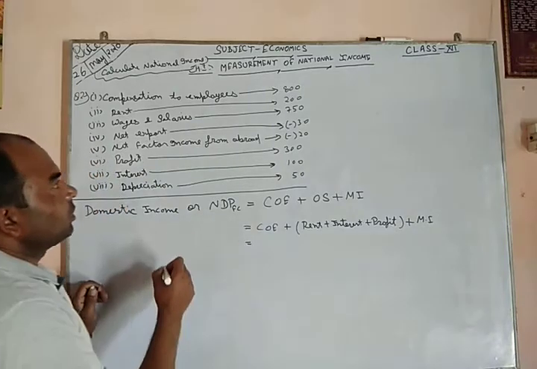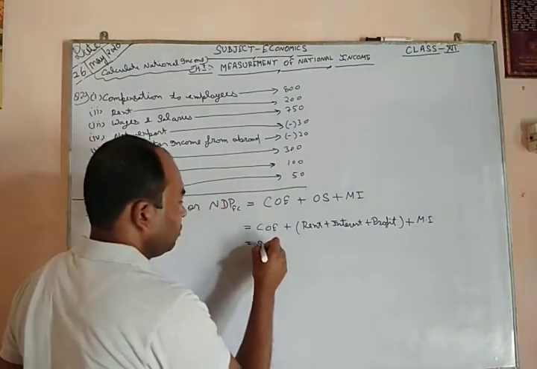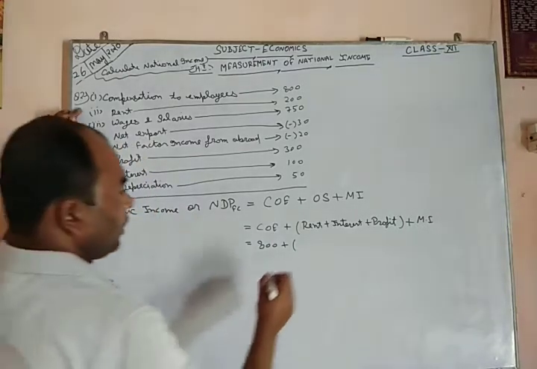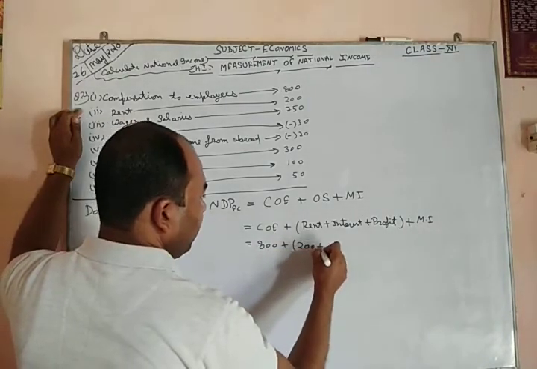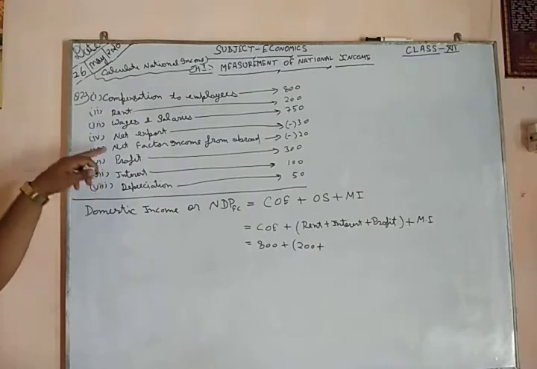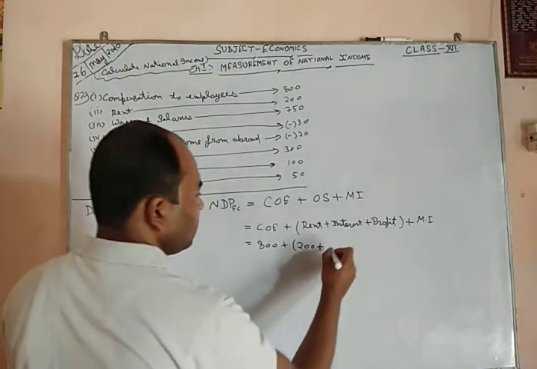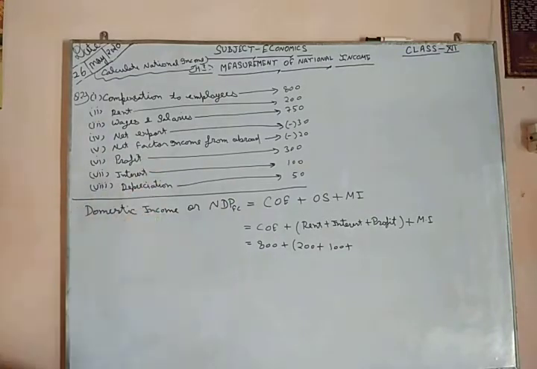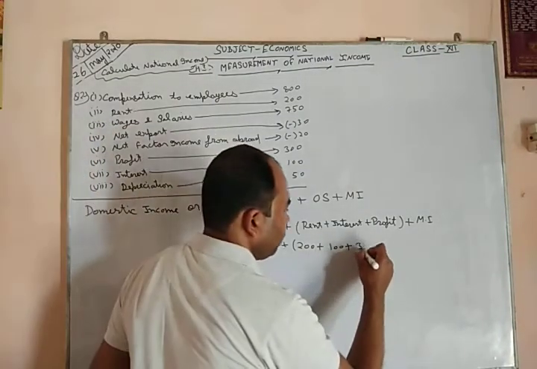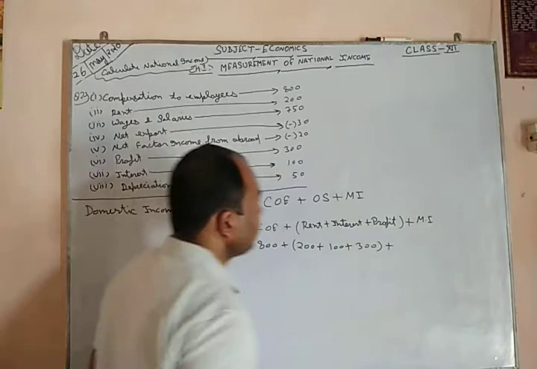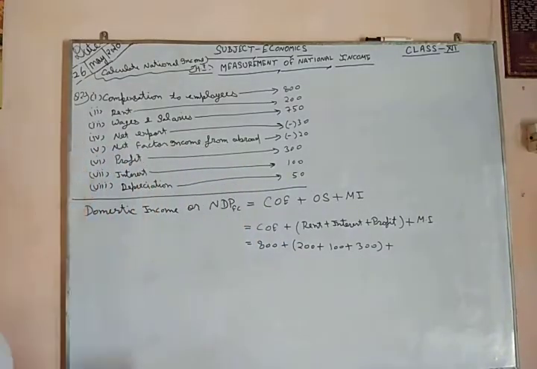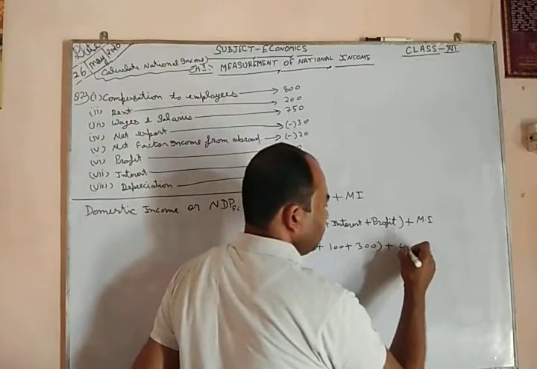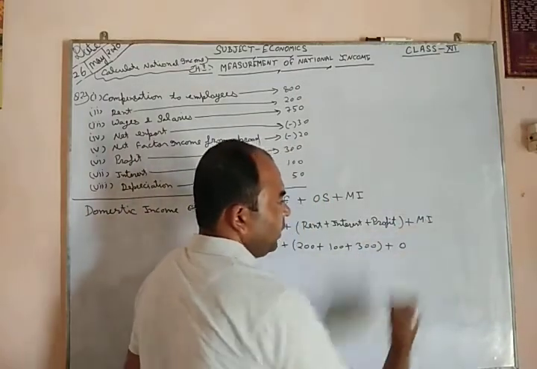So COE is 800 plus rent 200 plus interest. Where is interest? Here, 100, plus profit. How much? 300. It is clear to student? Plus mixed income. Mixed income is not given in your data, so we can assume 0 is mixed income. It is clear to student?